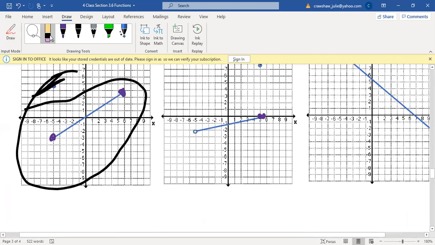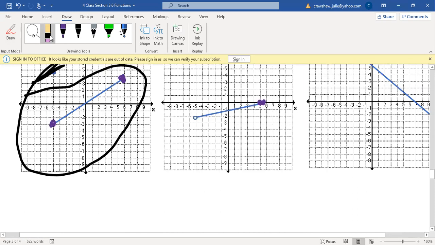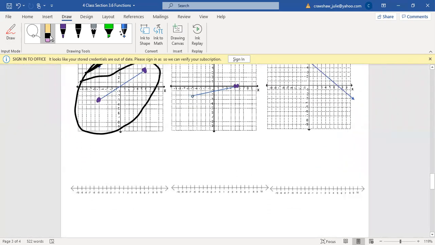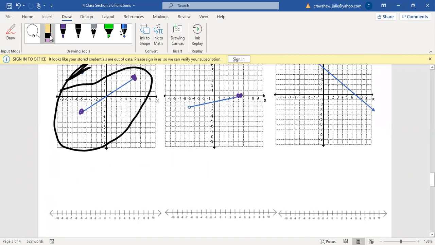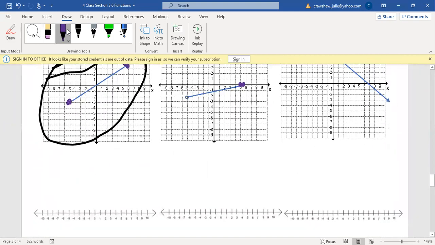Well, my domain, it represents my x value. And this x value starts at -5, doesn't it? And it's going to 6. So this little line segment here, the smallest x value that's on this line segment is -5, and it includes -5.